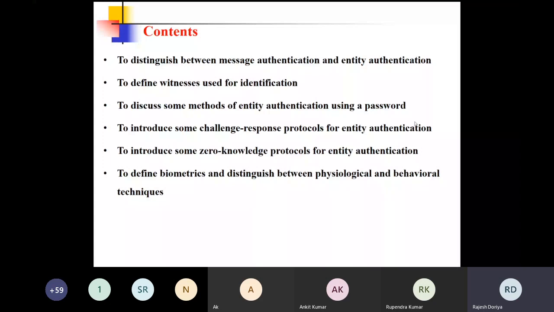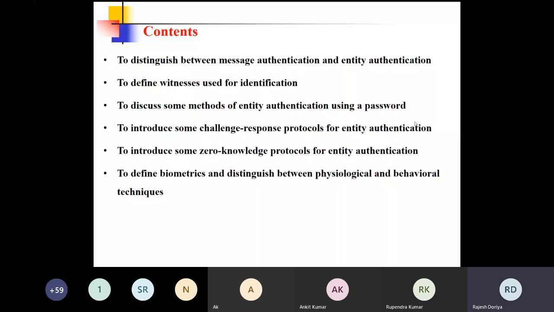Thereafter, we are going to see some of the protocols which fall under zero knowledge protocols, which are again used for entity authentication. Then we have some other things as well, like biometrics, and those biometrics can be used to distinguish between psychological and behavioral techniques. So these are the outlines for today's class.